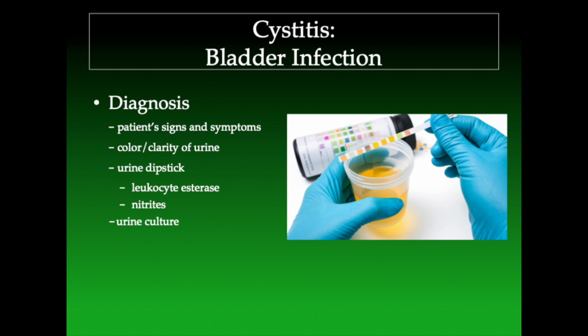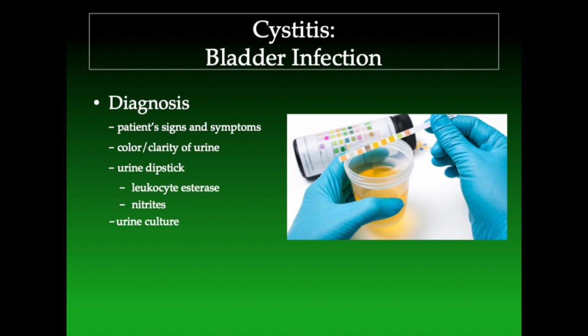Urinalysis includes determining the color and clarity of the urine sample, a microscopic examination, and biochemical studies performed with a dipstick. The dipstick, like the one in the image on the right, checks for the presence of leukocyte esterase and nitrites. Leukocyte esterase is an enzyme of white blood cells, and this is present in the urine only when white blood cells are present, indicating presence of infection.